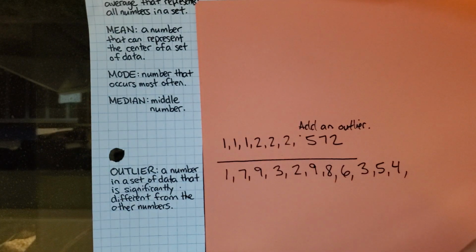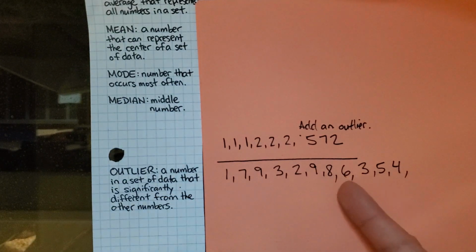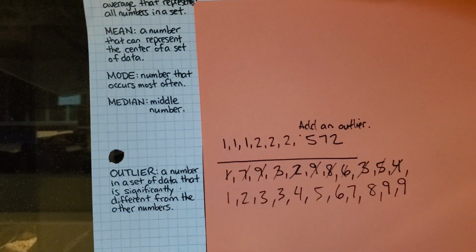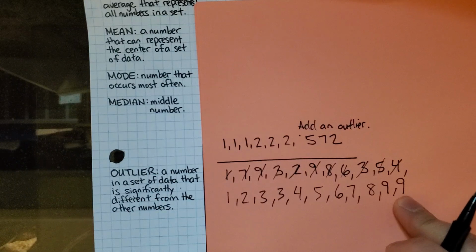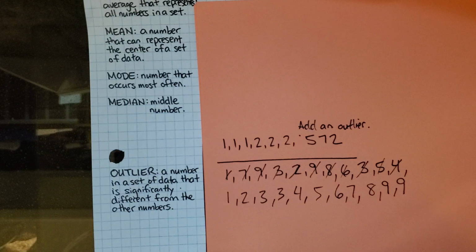Let's take this next set of data. To identify an outlier, you could just leave it this way, but it is easier if you sort it. So let's sort this. So, if we kind of look at this and we think, oh, an outlier is just the biggest number, that would mean that 9 would be our outlier. But that is not the case.